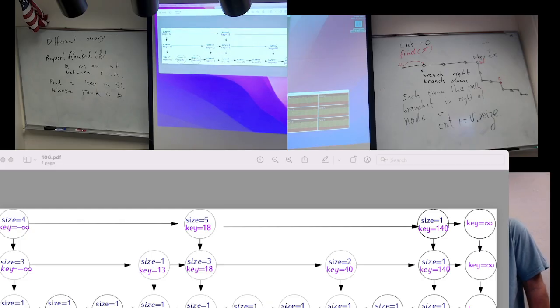The idea is, of course, to use these size fields somehow.